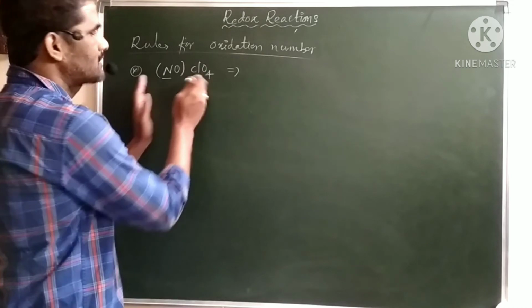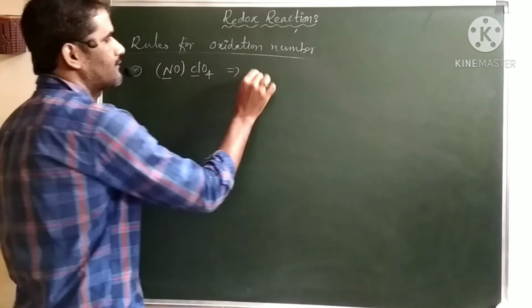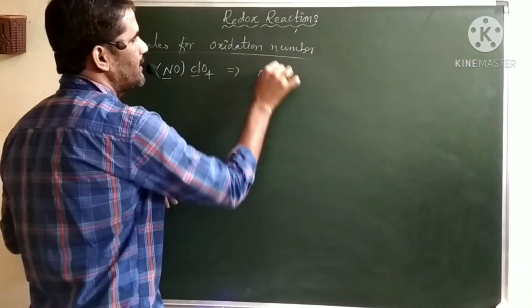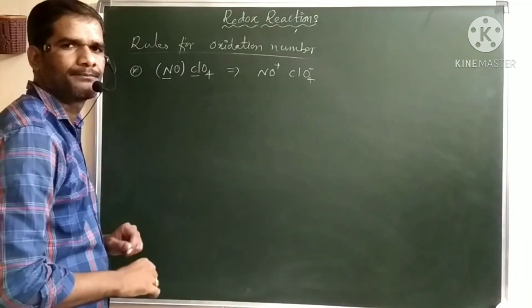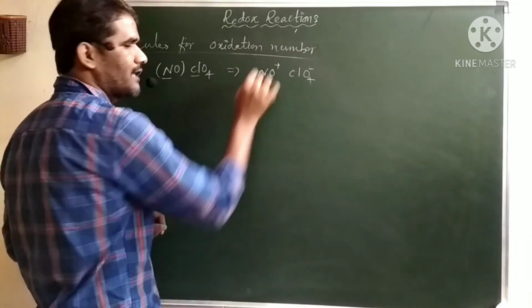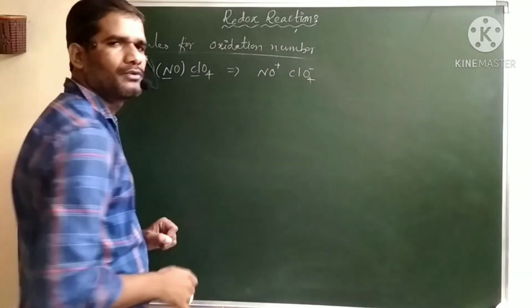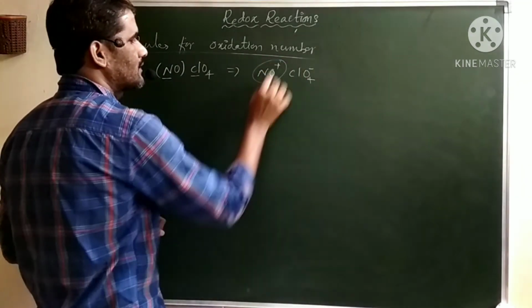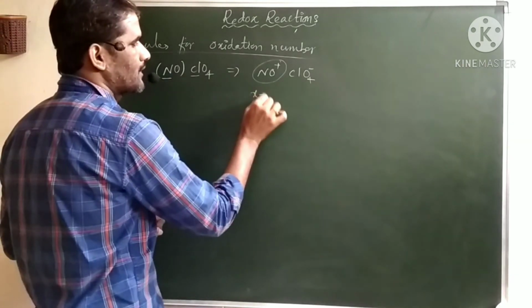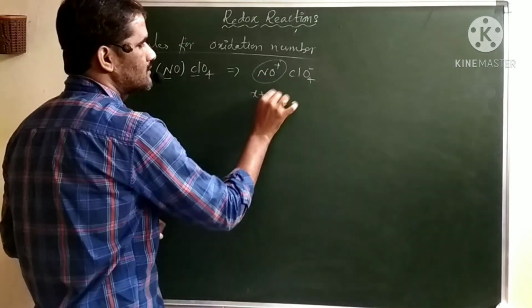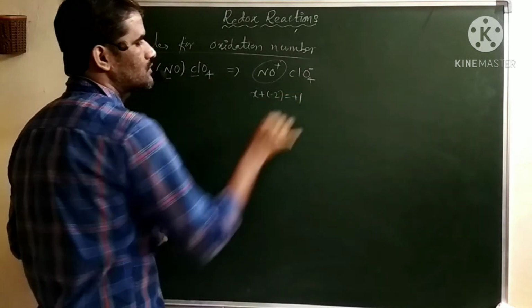Again you can split this molecule into NO plus and ClO4 minus individually. Now we can calculate the nitrogen oxidation state and chlorine oxidation state. So here let us assume the nitrogen oxidation state is X, and oxygen is minus 2, equals plus 1. Why?